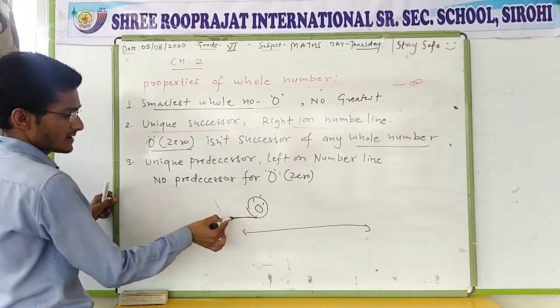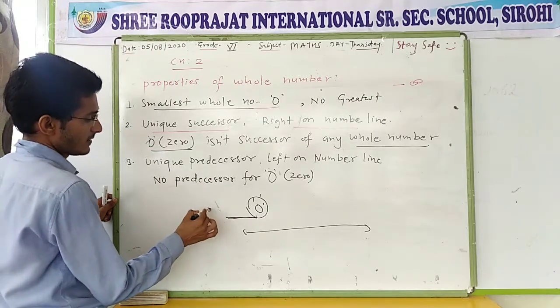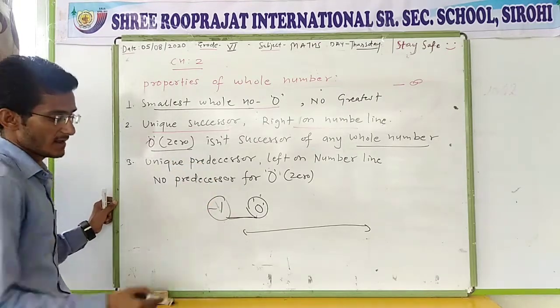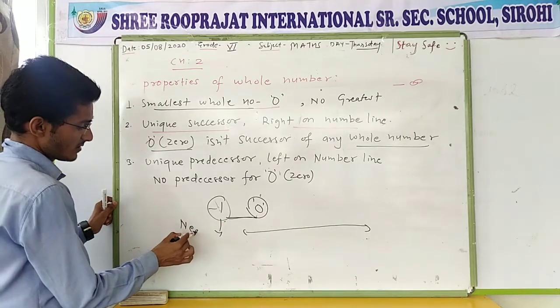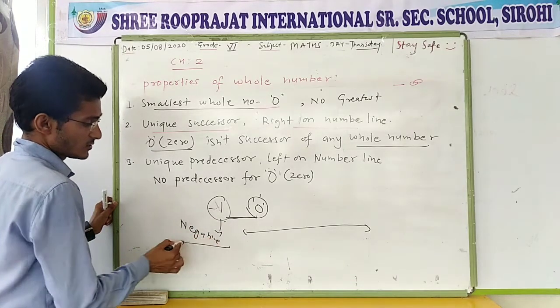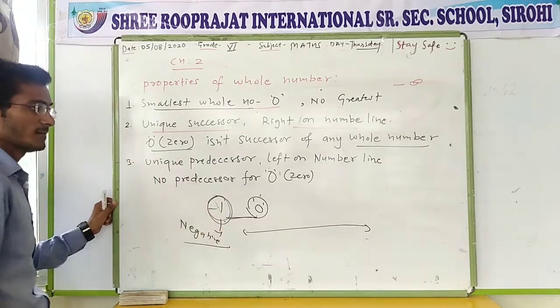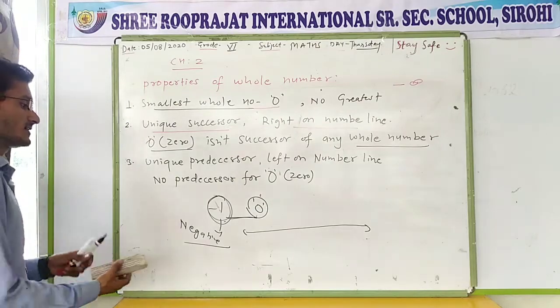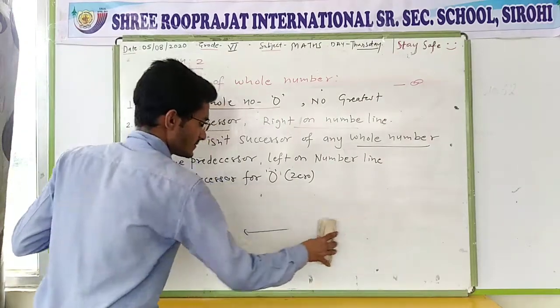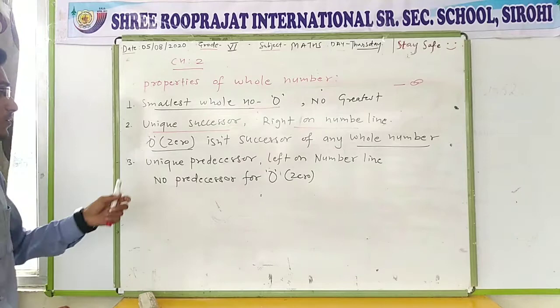Which one will come before 0? Nothing. There will be a minus 1, and minus 1 isn't a whole number. It is a negative number, or we can say integers. So it is not a whole number. So 0 isn't a successor of any whole number. It is a successor of minus 1, and minus 1 isn't a whole number.